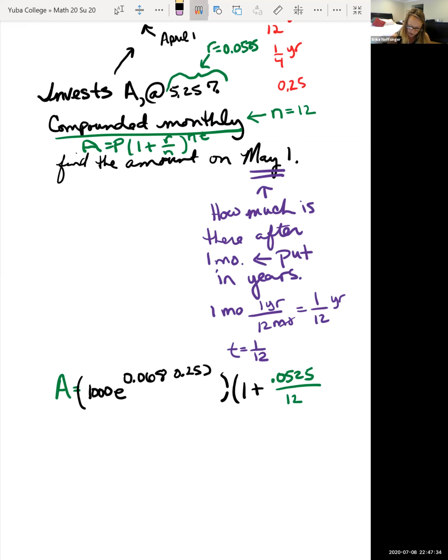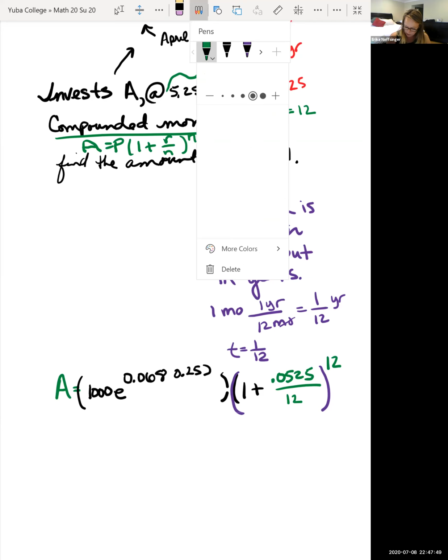This is all raised to the NT. N, the number of times compounded a year, was 12, times time, and time was only 1 month, which was 1/12.